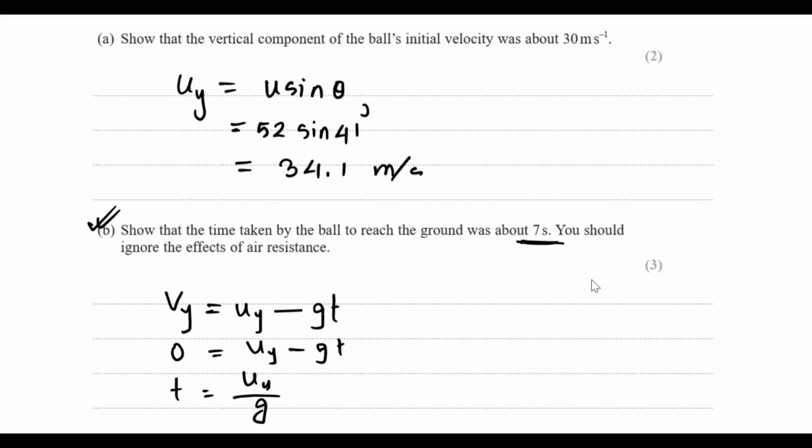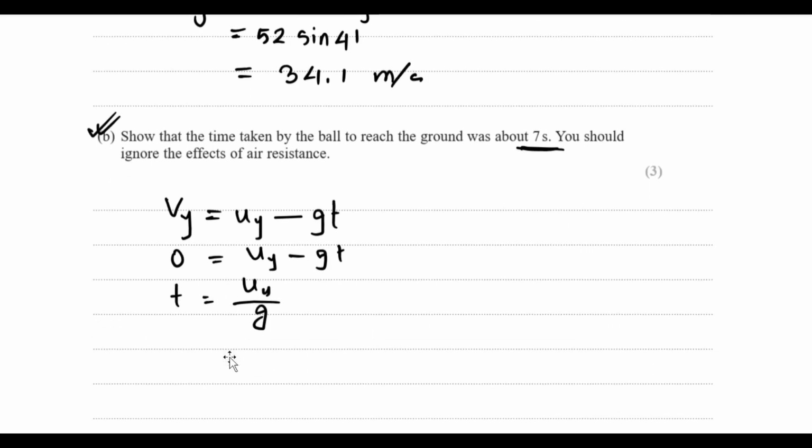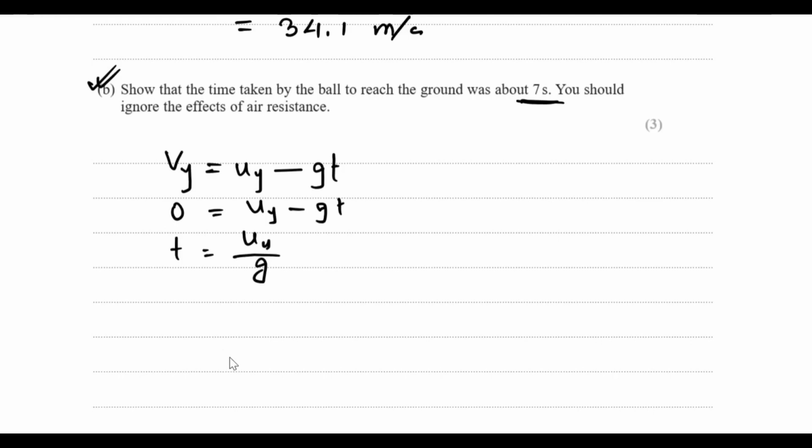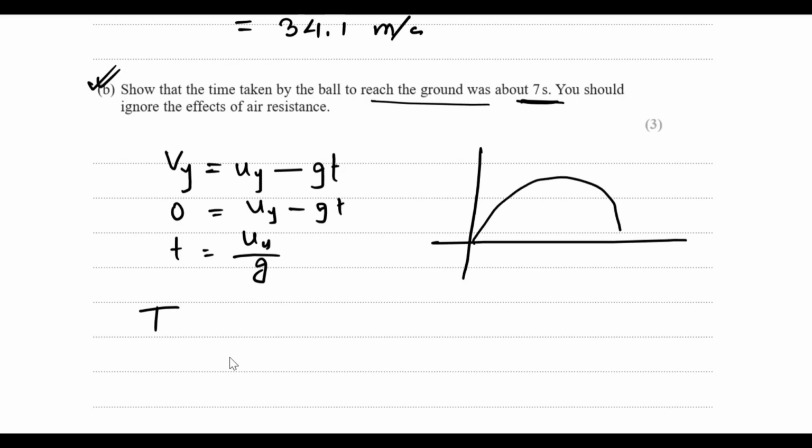This is the time taken to reach the maximum height, but we have to find the time taken by the ball to reach the ground. So we need the total time of flight. So T equals twice t, because the time taken to reach the maximum height and the time to fall from the maximum height to the ground are the same.